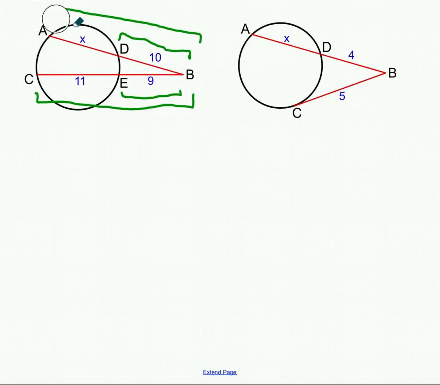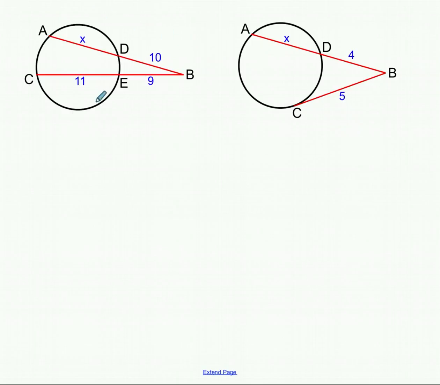Okay, so in our case, this whole secant segment, AB, is 10 plus x. I'm always going to write that in parentheses because we're going to be multiplying it by something. We're going to be multiplying it by DB, which is the external segment, which is just 10. Okay?